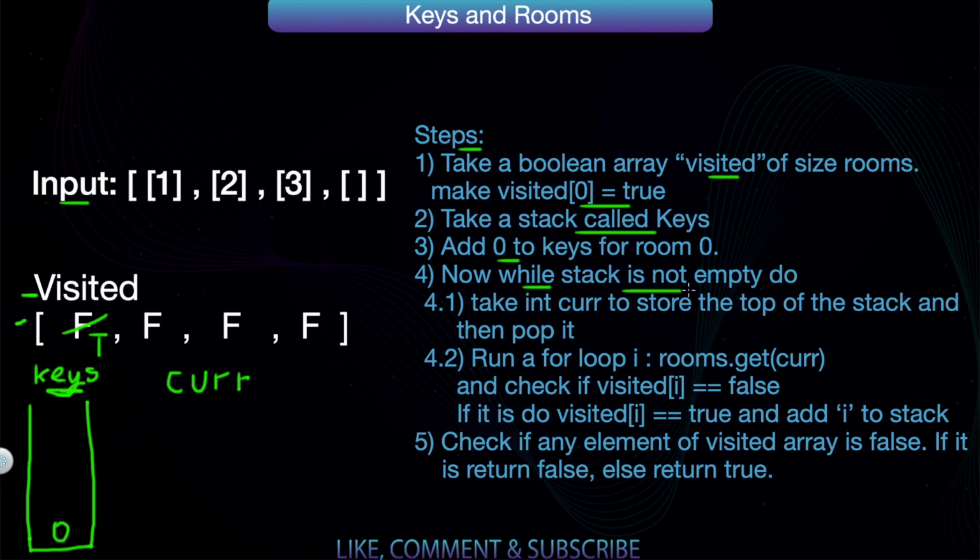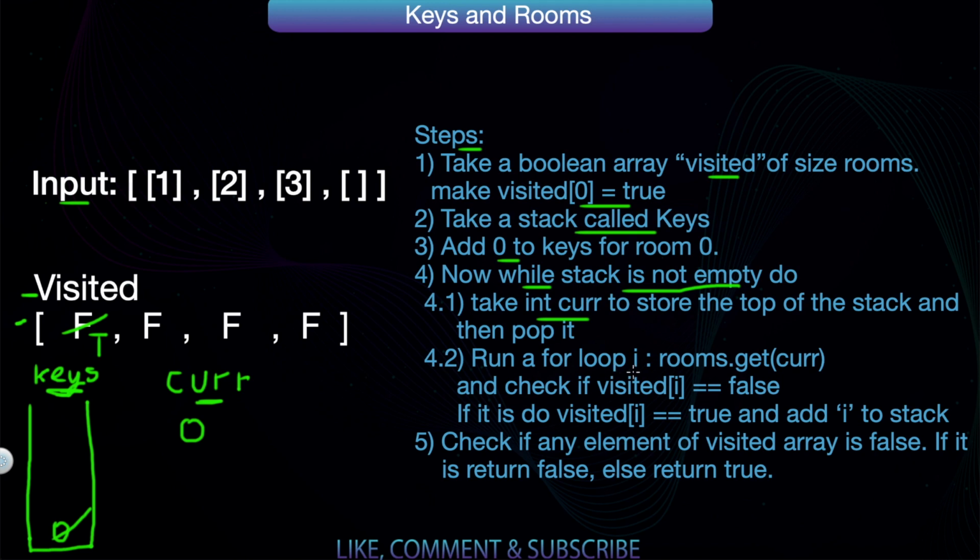Then we do a while loop until the stack is not empty. So in this while loop we'll take a current which will store the top of the stack. After storing current we will pop it. So our current is 0 initially, then we will pop this 0.